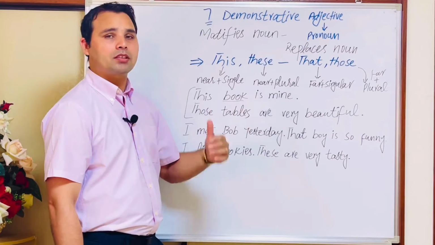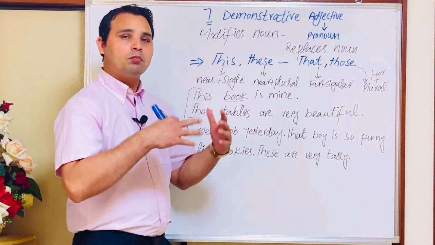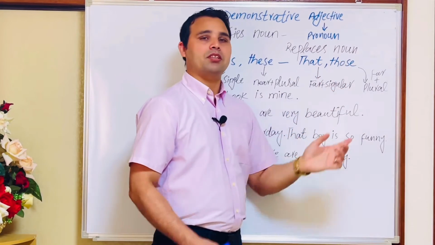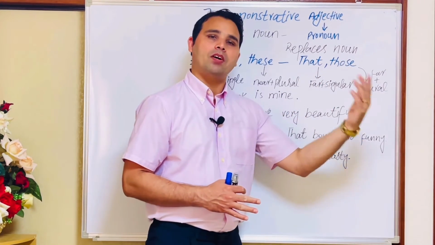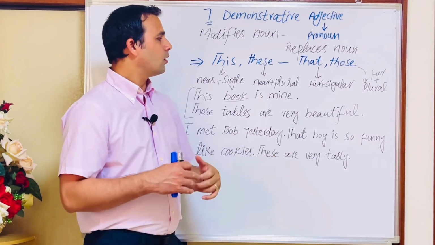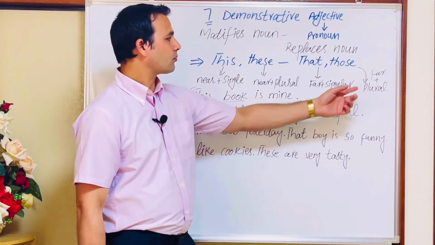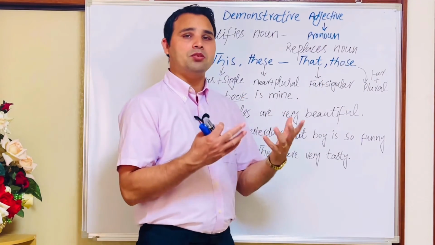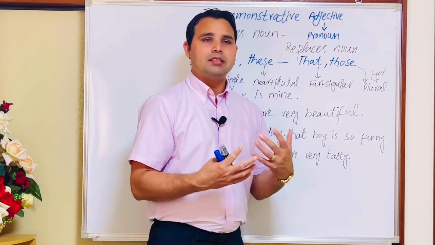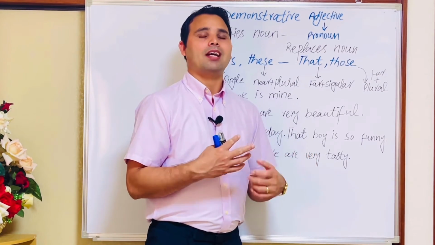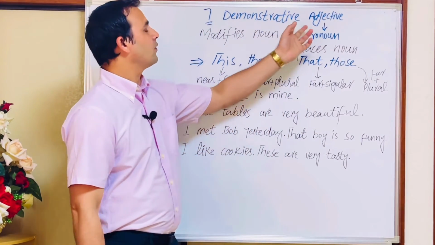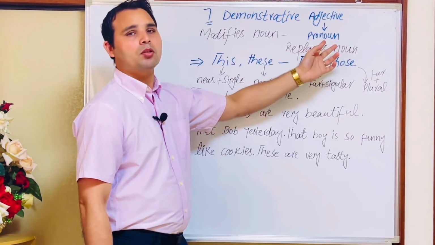These is used for the things which are near but in plural form. And that and those are used for the things which are far. That is used for things in singular form. And those is used for things which are in plural form. So that is the major difference, and that is the major similarity between demonstrative adjectives and demonstrative pronouns.